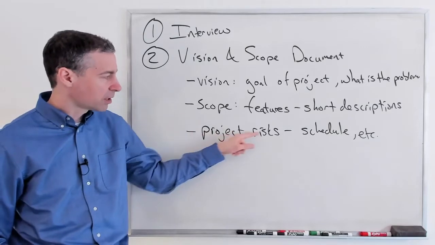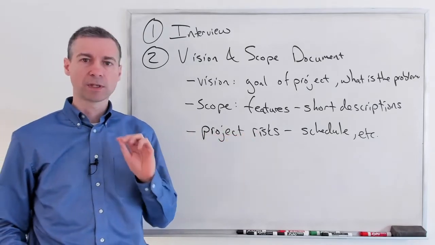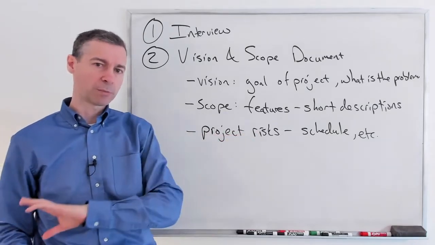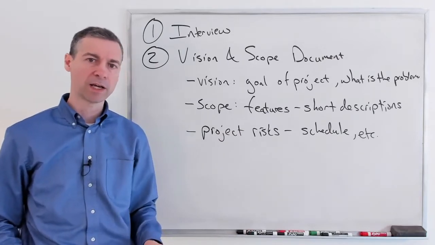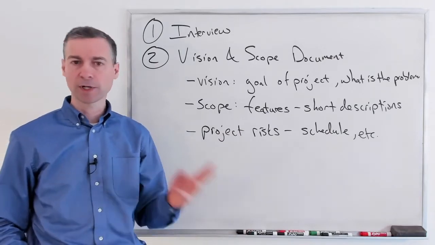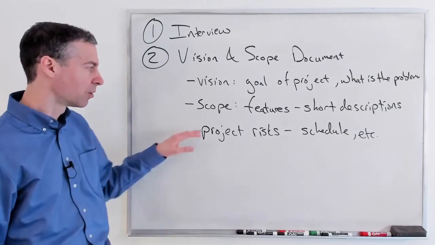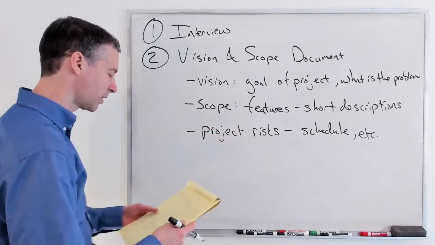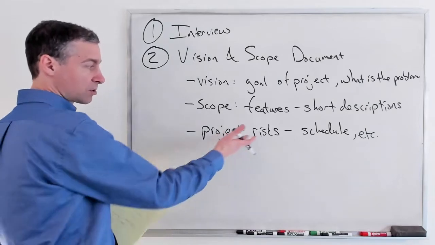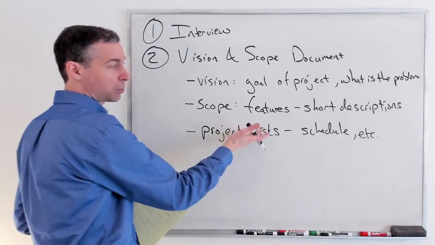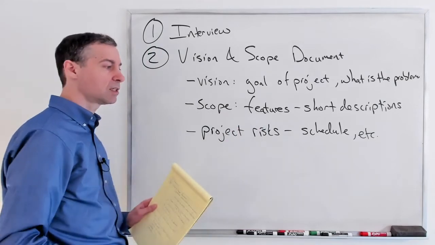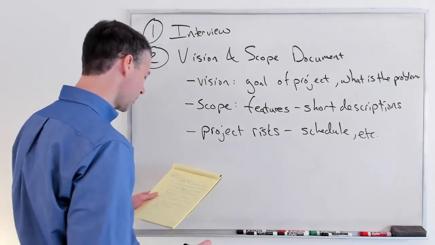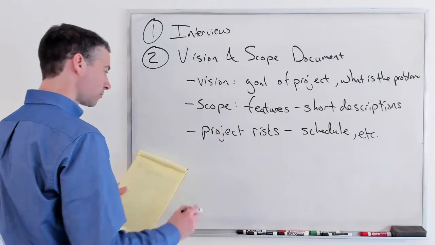You're always trying to anticipate what's going to throw my plan off. Why might I not actually deliver the right thing? Why might I be late with what I'm going to deliver? What do I foresee as all these risks? And as a project manager, you're always working to be prepared to deal with those risks if they were to actually happen.